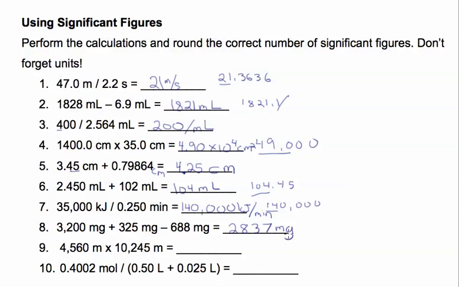In number 9, we're doing multiplication again. And we get 46,717,200. And if we count our significant figures, we have 3 and we have 5.